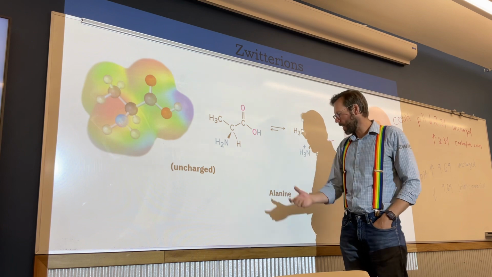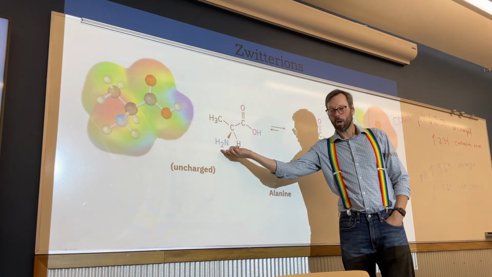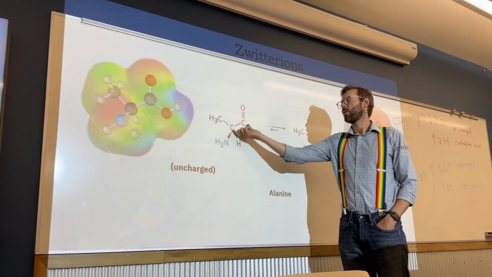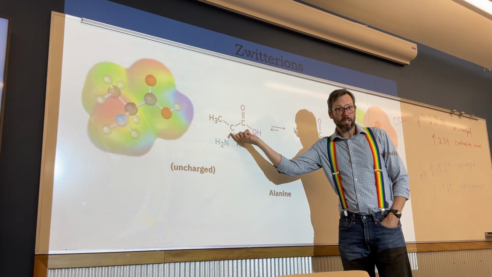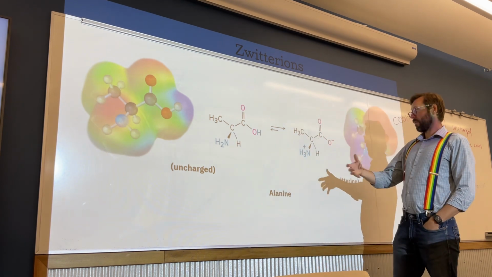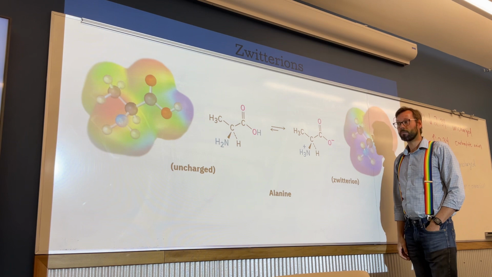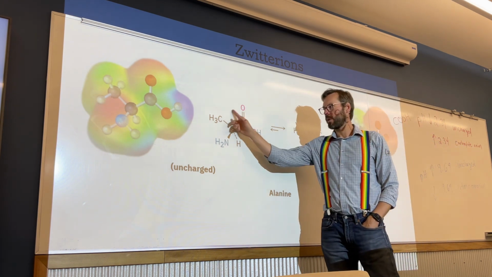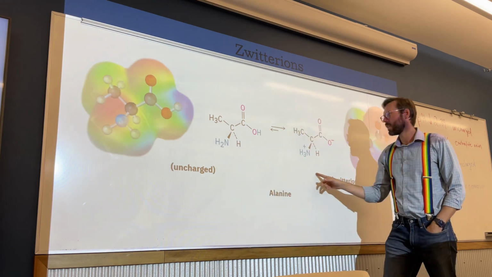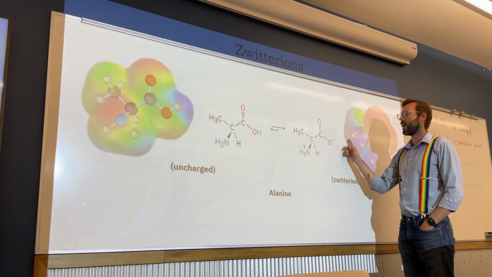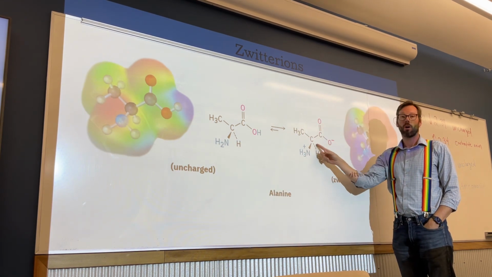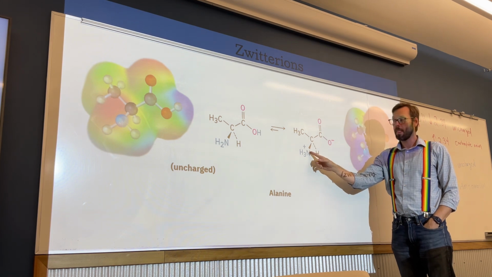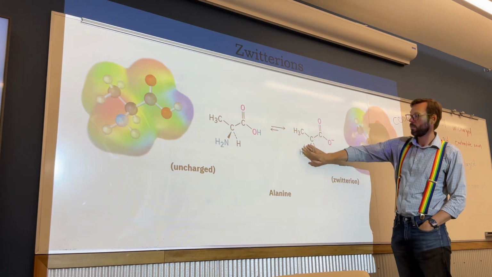Here is the amino acid, again, alanine with no charge, right? So this is how it's often written generically. Once we have it at physiological pH, that's going to change things, right? Predominantly, it's not going to exist like this. It's going to have some kind of charge separation. Okay? It might just have one charge.